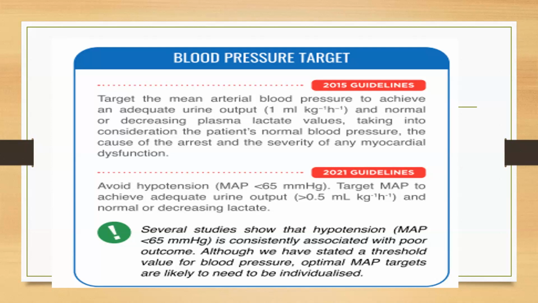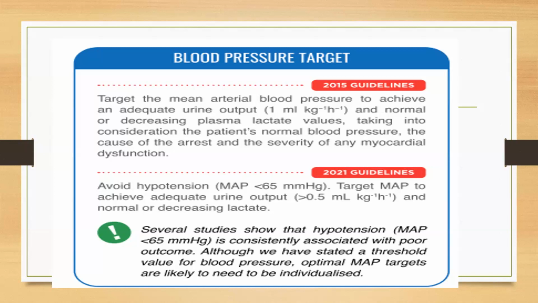But in the 2021 guidelines, they just mentioned we should avoid hypotension. That is, MAP should not fall below 65 mmHg, and the target MAP we should achieve should at least maintain adequate urine output and normal or decreased lactate.